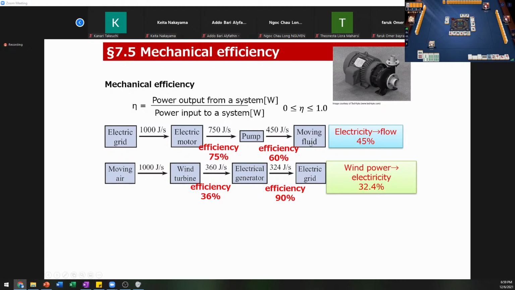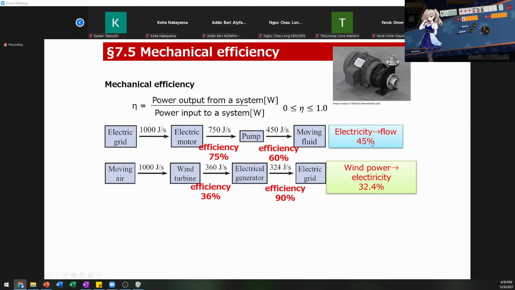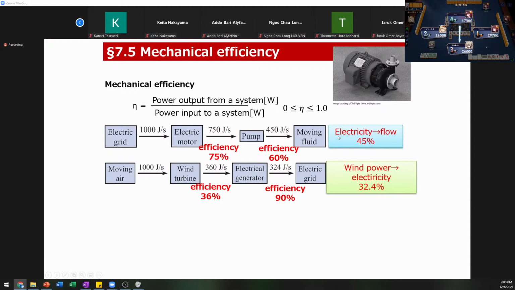And then moves the fluids. But in this situation, pump output would be 450 joule per second. And then efficiency here is 60%, right? And in total, from electricity to the fluids, the efficiency is 45%. That's real life, okay?